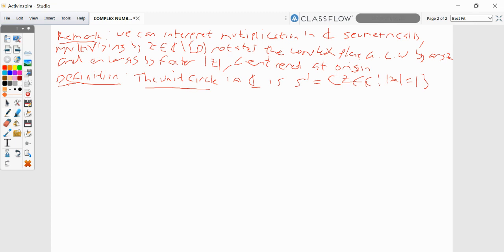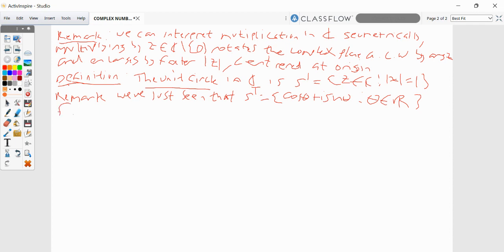The remark here, we can say, well, we've just seen that S1 is equal to cos theta plus i sine theta from what we did before, such that theta is belonging to the real numbers.